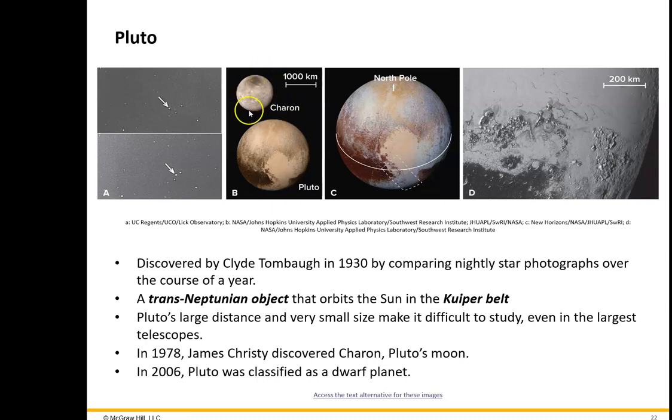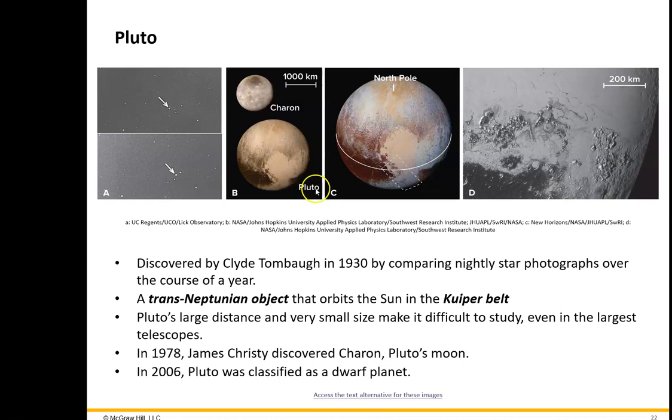If you haven't had the last lab yet, Lab 13, there's a lab that deals with the size of Charon and the size of Pluto by using the fact that we can see Charon pass behind Pluto and then come out the other side.